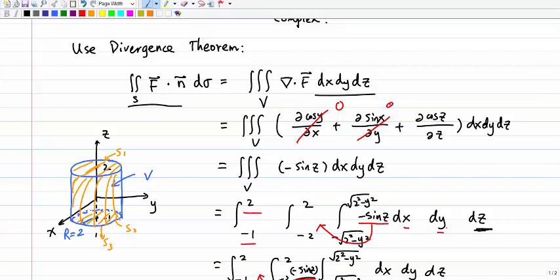Now for x and y, dx dy. Once we figure out z, we say, for some z over here, what is the area I should integrate over for x and y? It's a circle, because that's a cylinder.